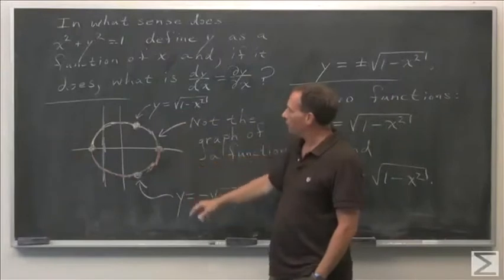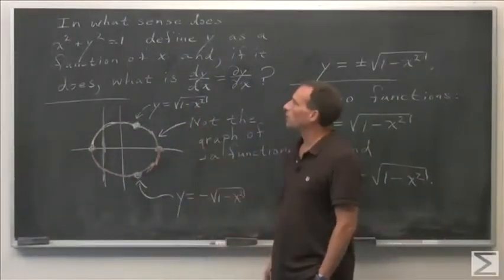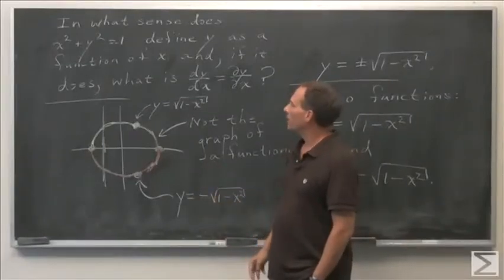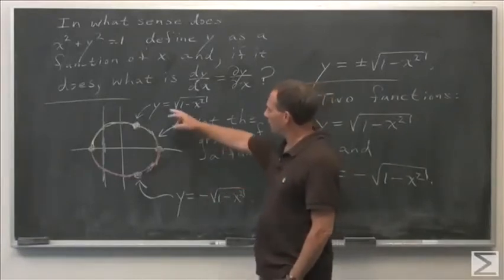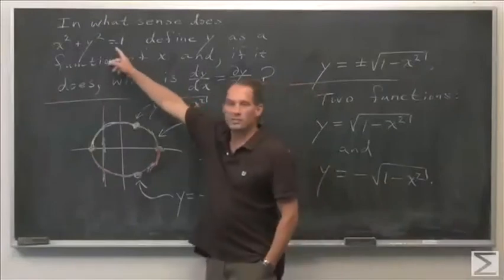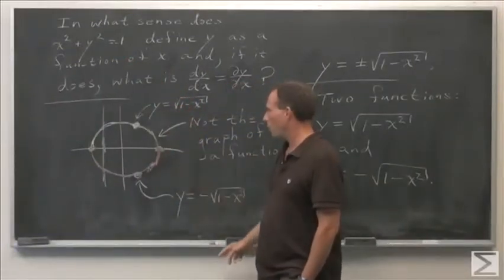What about the derivatives? Well, of course, we can calculate the derivatives of these functions, and I'm going to. Then I'm going to write them in a nice way so that we can see that you can actually get the derivative of y with respect to x in either case easily from this equation without ever having to solve explicitly for y.